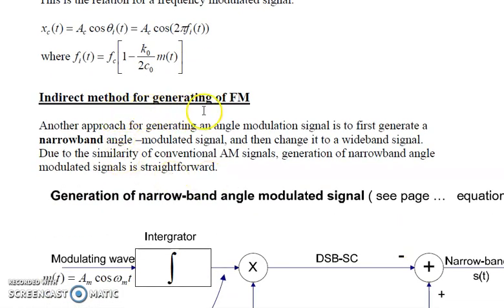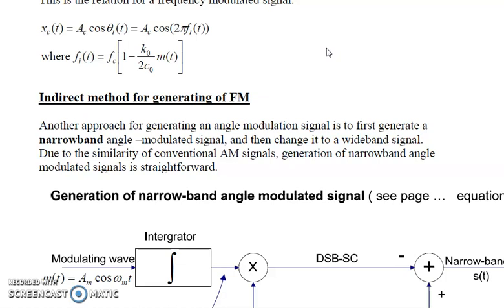Now, the indirect method for generating FM. What we watched just now was the direct method, where we used a voltage controlled oscillator. And how do we use the voltage controlled oscillator? By using a varactor diode.